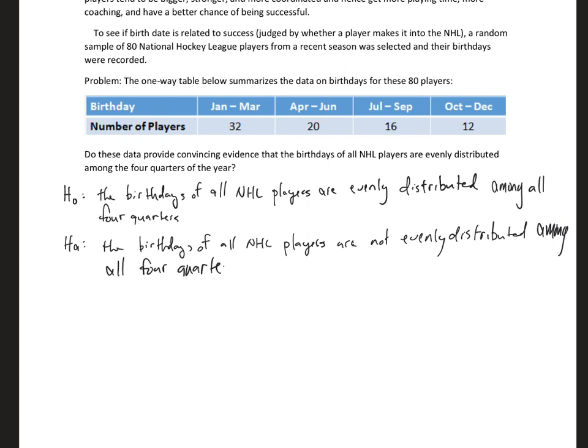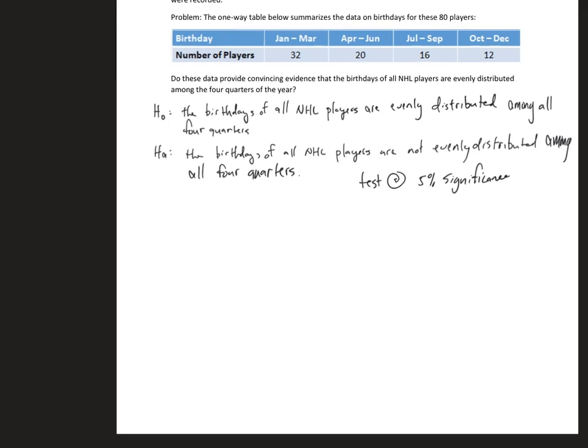So we've got our hypotheses. I'm going to test at 5% significance. Alright, so there are the hypotheses.